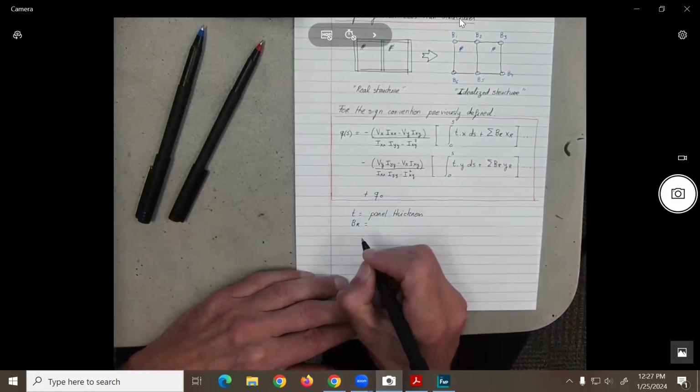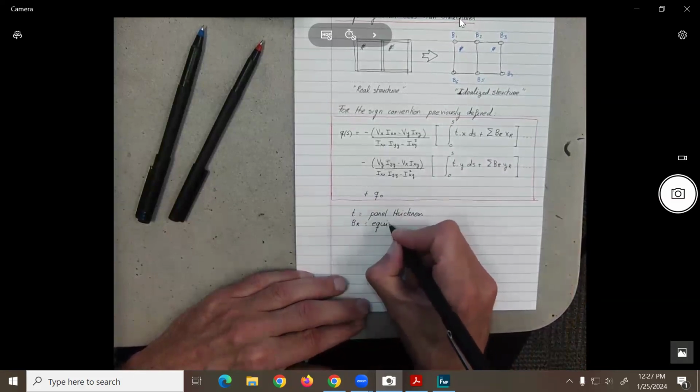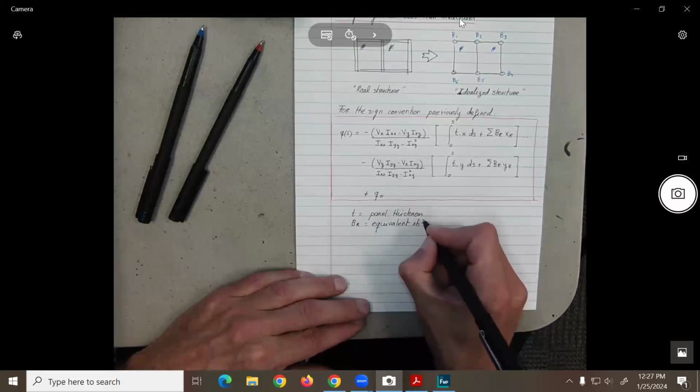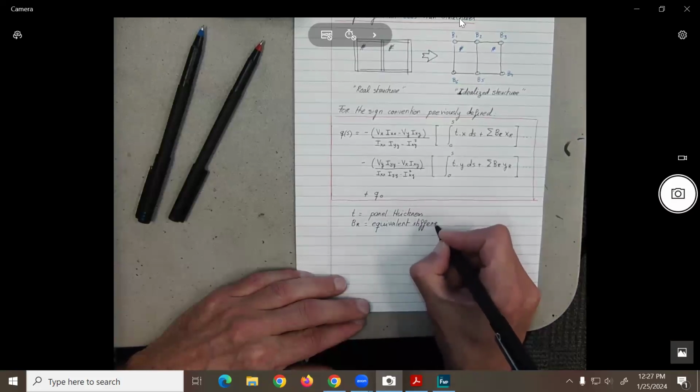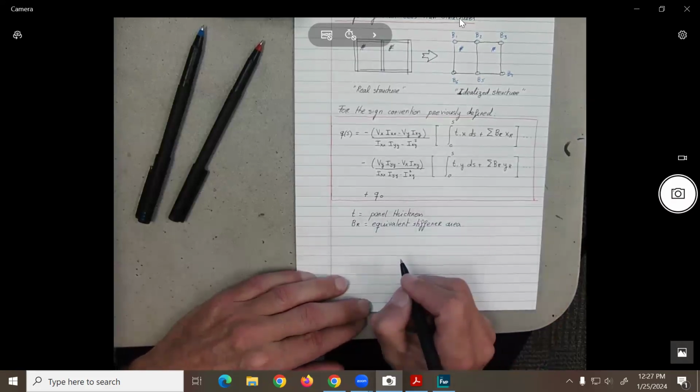B sub r is the equivalent stiffener area.